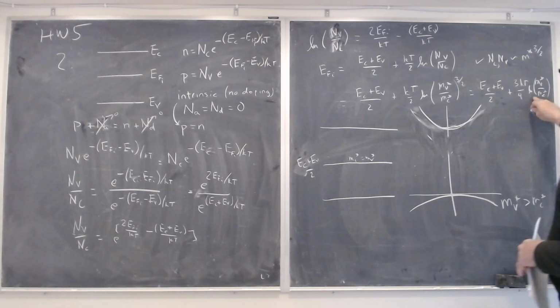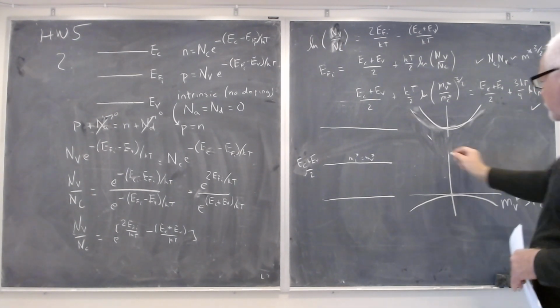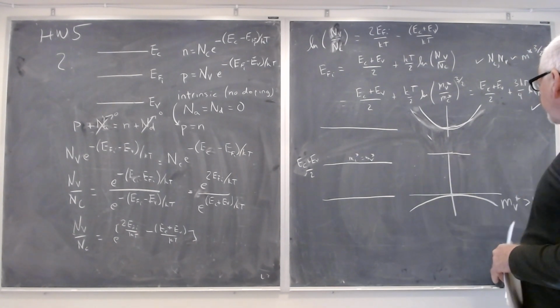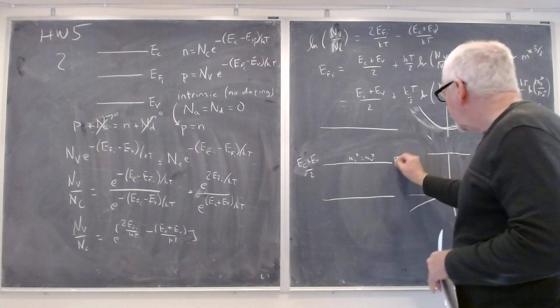But basically, going back to the equation, if the effective mass is larger, then the argument in the logarithm is greater than 1, and so that's a positive quantity, and so basically EFI goes up.